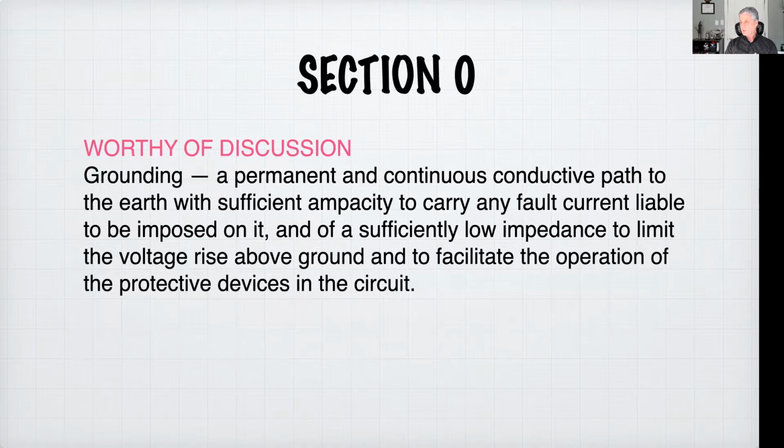It is a permanent and continuous conductive path to the earth with sufficient ampacity to carry any fault current liable to be imposed on it, and of sufficiently low impedance to limit the voltage rise above ground and facilitate the operation of the protective devices in the circuit. Pretty simple. So what is the ground conductor? The ground conductor is that conductor that goes from the electrode and ties to the neutral. That's it. Everything else is bonding unless it's the start of a new system at a transformer.